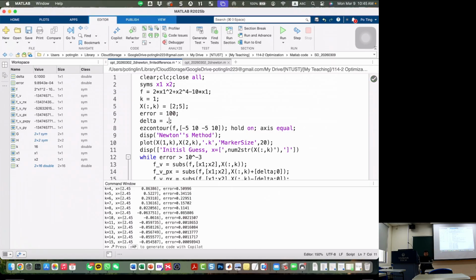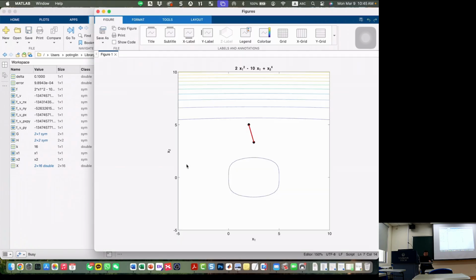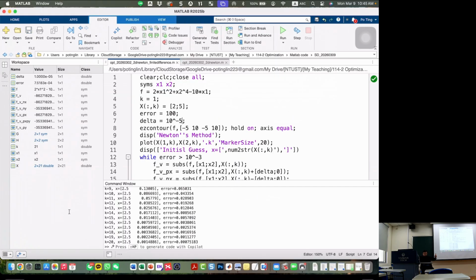So let's say I have a pretty accurate estimation of the gradient, let's say delta is 10 to the power of -5. 20 iterations, 2.5, 0.0014.